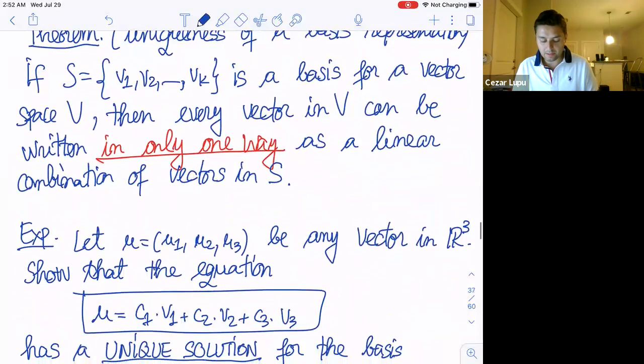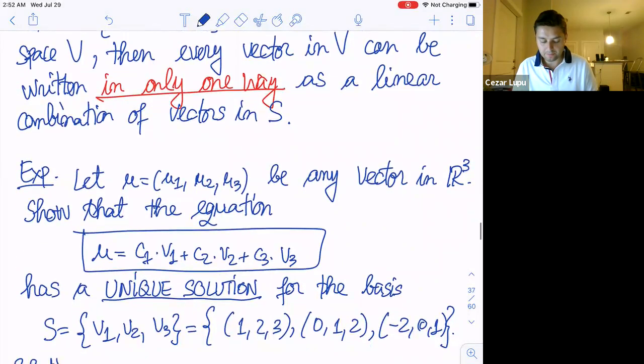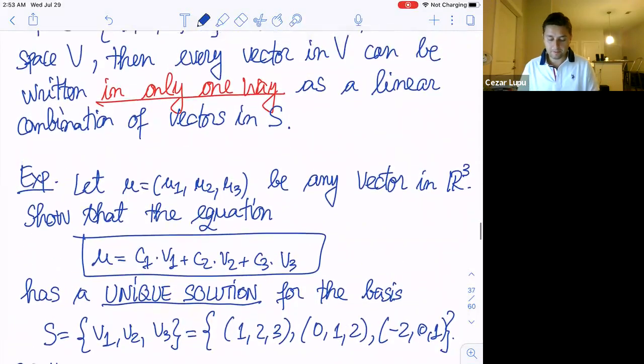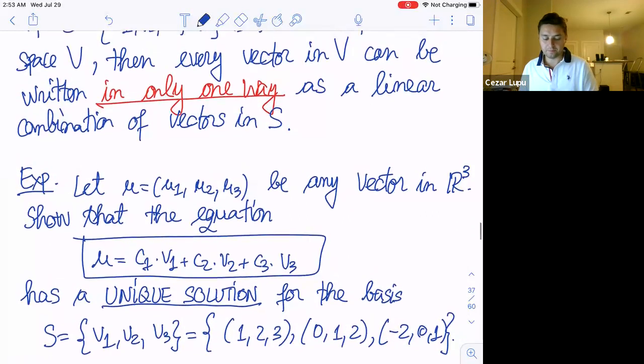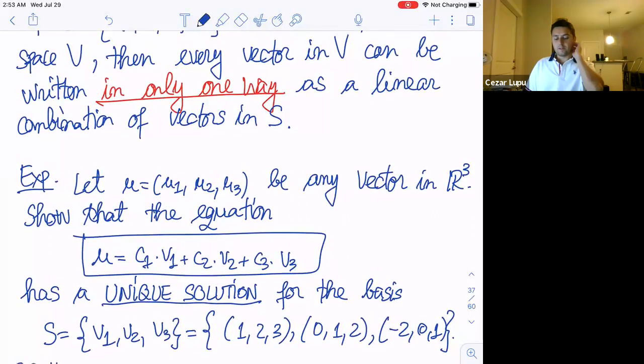Now let's see an example. Let's look at this example. I consider any vector in R3, which is denoted by (u1, u2, u3).